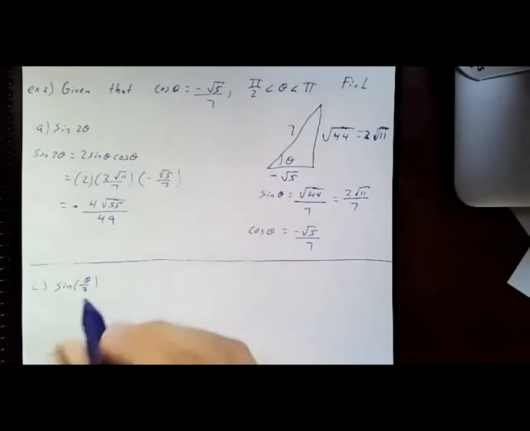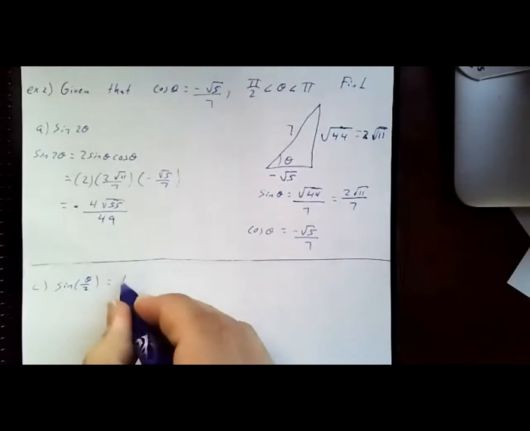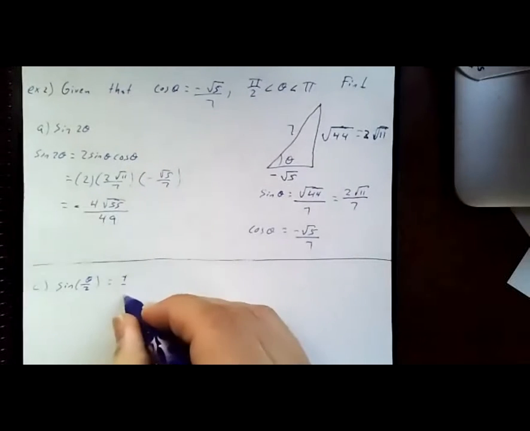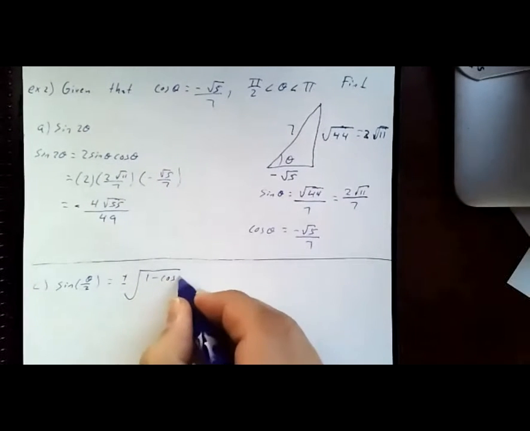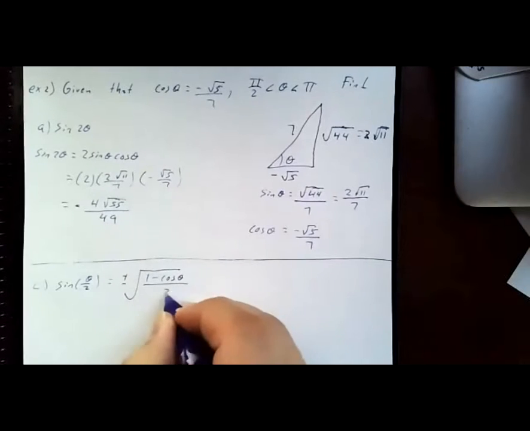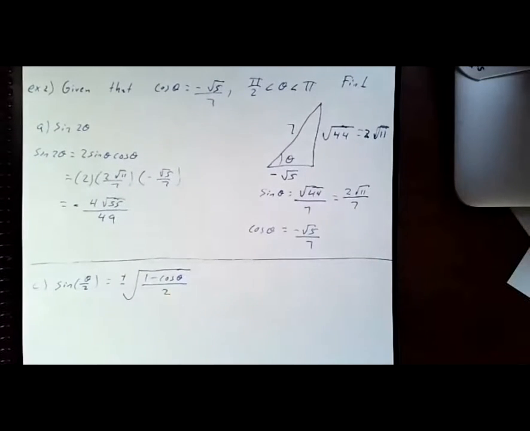All right, so we have to choose plus or minus for the half angle: 1 minus cosine theta over 2. We said that theta was in quadrant 2, right?